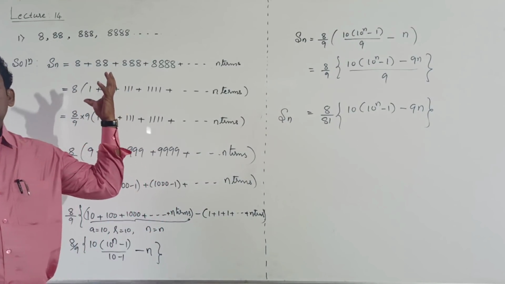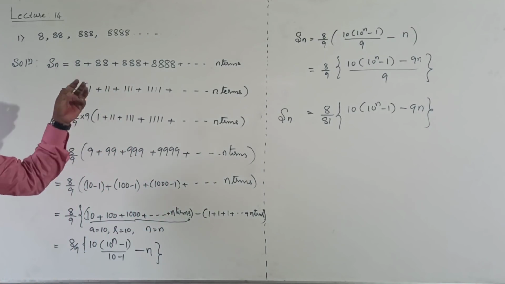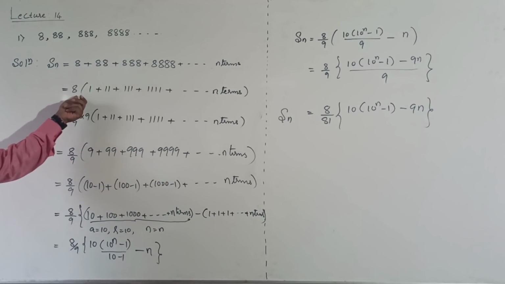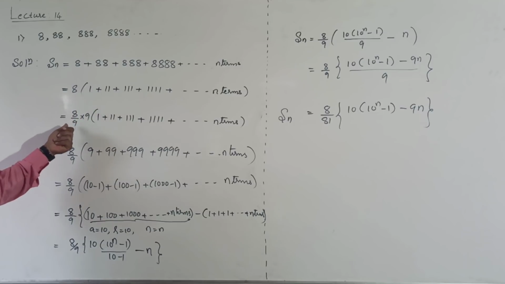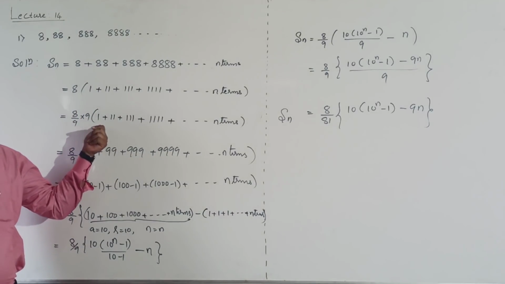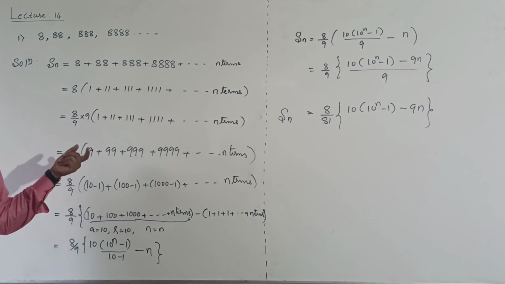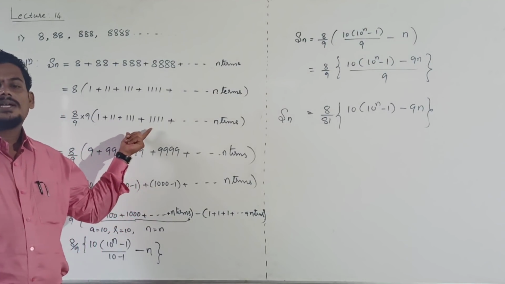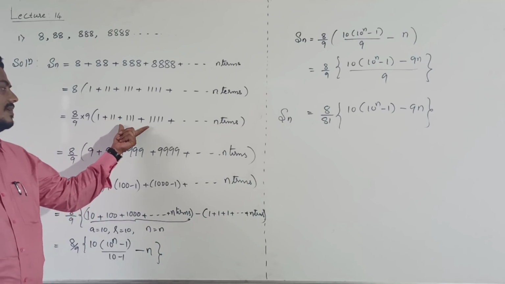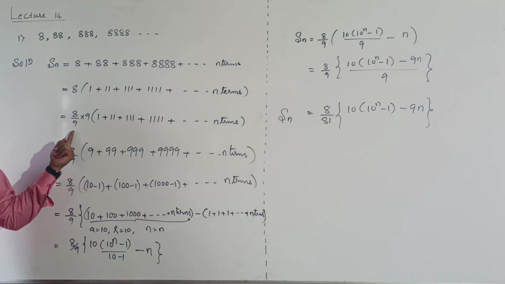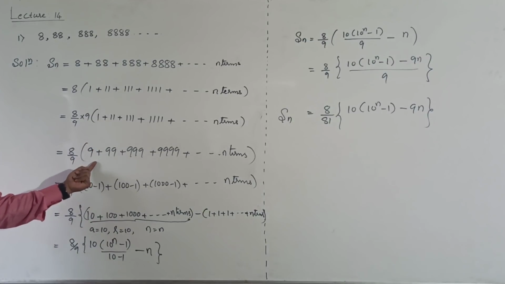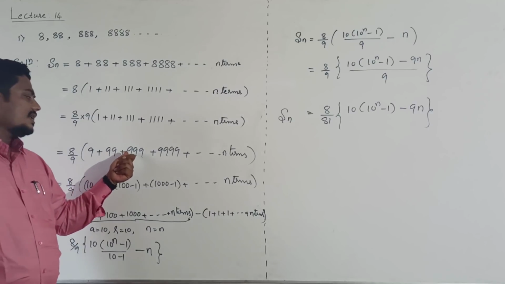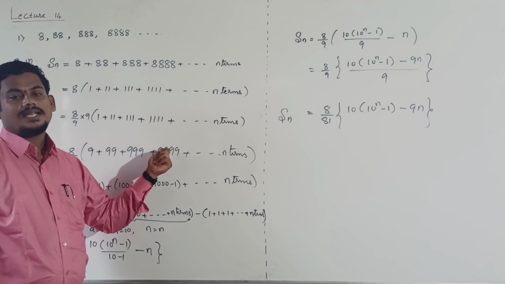First convert the given sequence into GP. First taking 8 common, then dividing and multiplying with 9. Why? Because the sequence is neither in AP nor in GP. After dividing and multiplying with 9, we get 9 plus 99 plus 999 and so on.